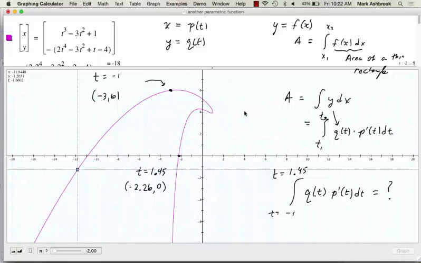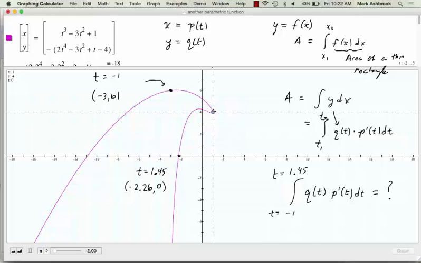So let's break this up. We have this rightmost point where t equals 0. There it is. So we can think about this as the integral from -1 to 0 of q times p prime dt, plus the integral from 0 to 1.45.